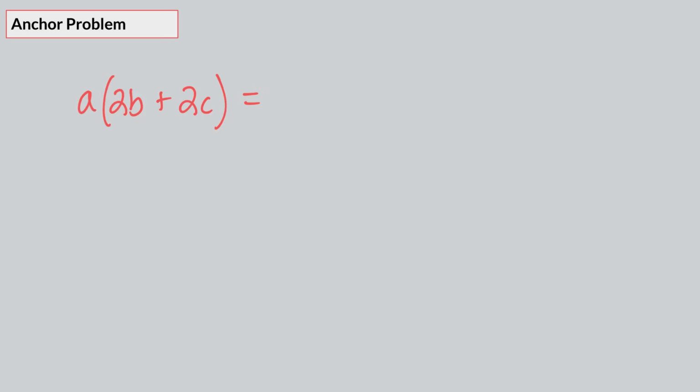The next problem that I have is a times (2b plus 2c). Using the same strategy I used in the first problem, I have a times 2b, and I know that this would give me 2ab. The reason why you smush the a and the b, those two variables, together is you don't know what their value is.